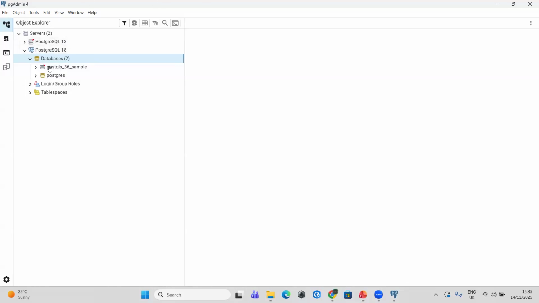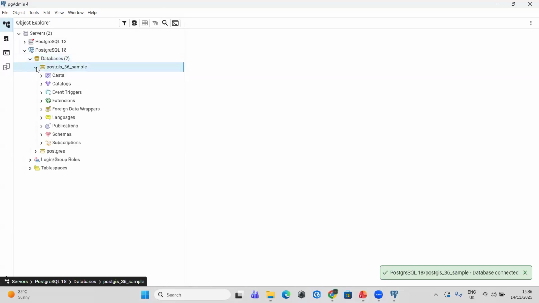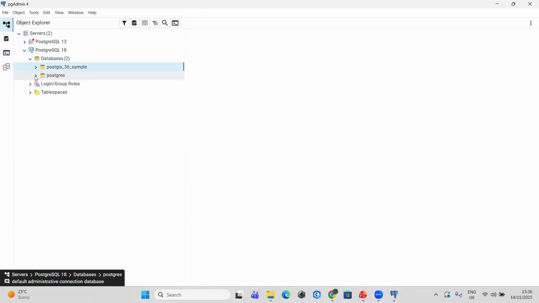For now, do not forget the password, otherwise you have to uninstall the software and install it again, because there is no way to retrieve it.